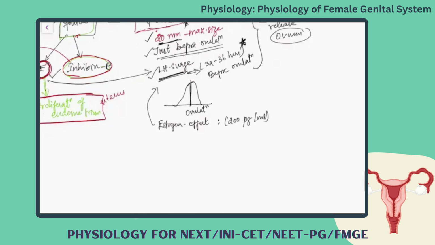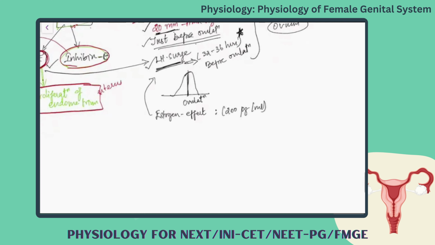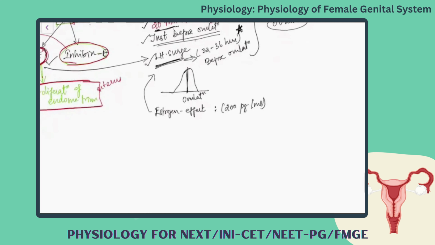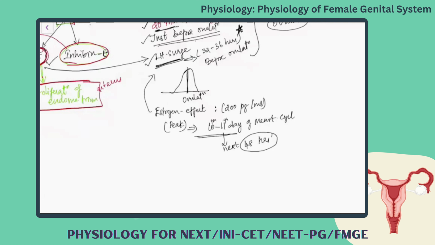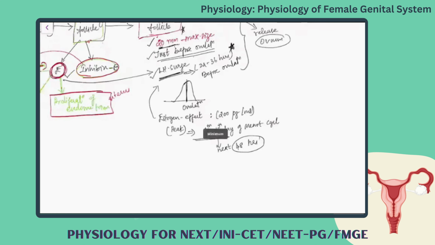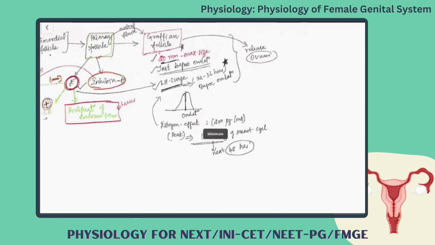The estrogen peak occurs on the 10th to 11th day of the menstrual cycle, and this will remain for the next 48 hours. Okay, clear? So these are the hormonal events which happen in the follicular phase.